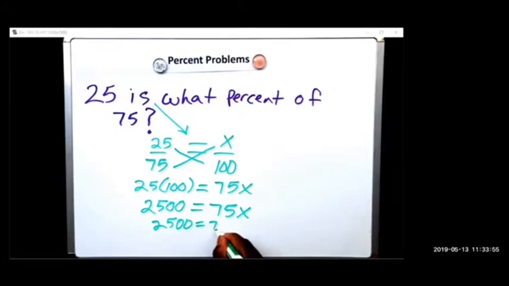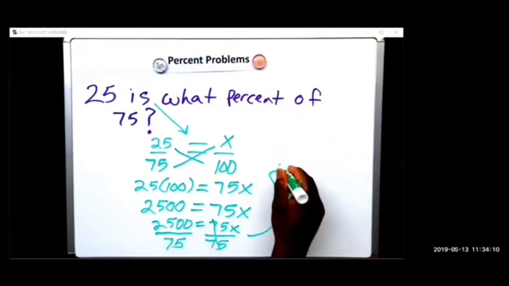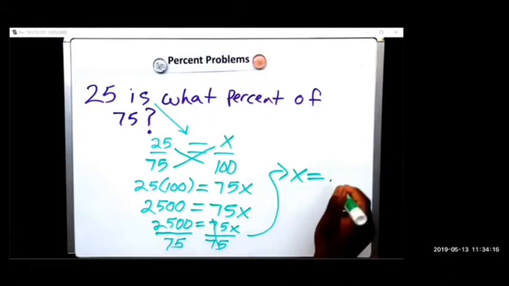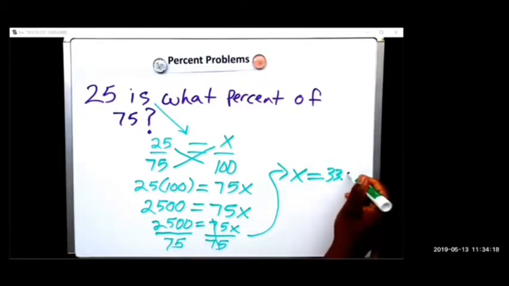I'm going to write that again. And then remember, in order to isolate X, we're going to divide both sides by the coefficient 75. 75 divided by 75 is 1. That crosses out. We end up with X equals 2,500 divided by 75 is 33.3.